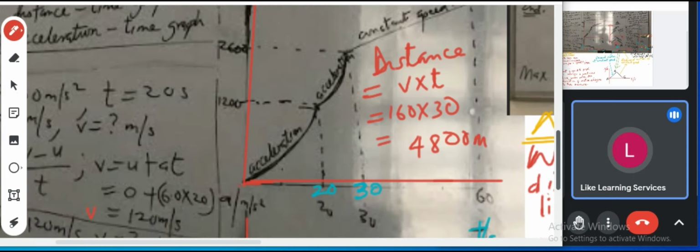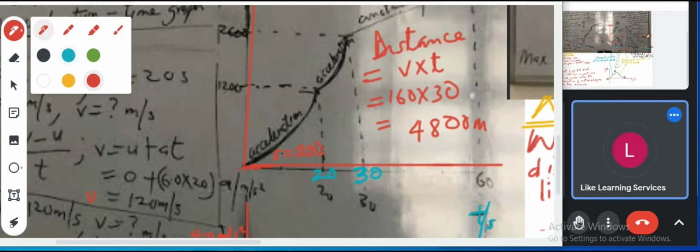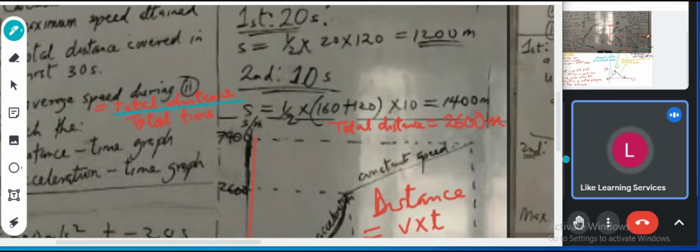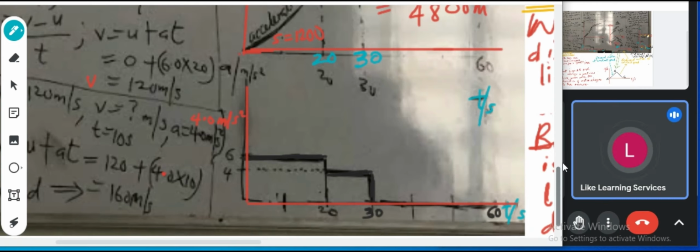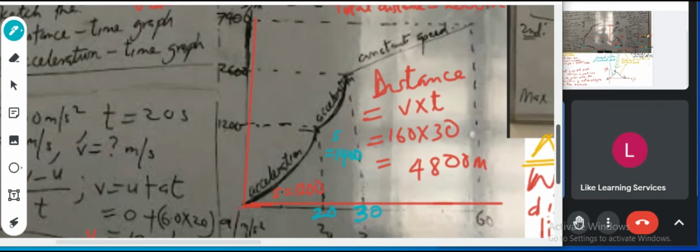Anyways, you know the distance for the first one, S, is 1,200. For the second one, S is equal to, let me write it with a different color, maybe blue. What did we get first before we added? 1,400. The distance is 1,400. Okay, that's for the second stage.